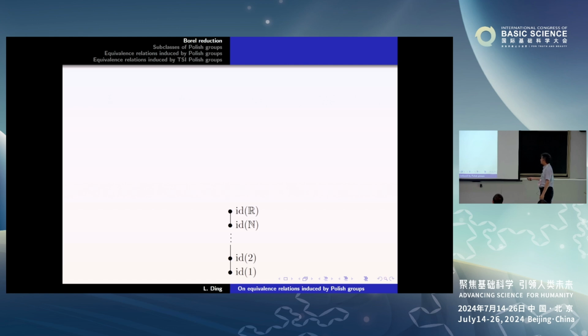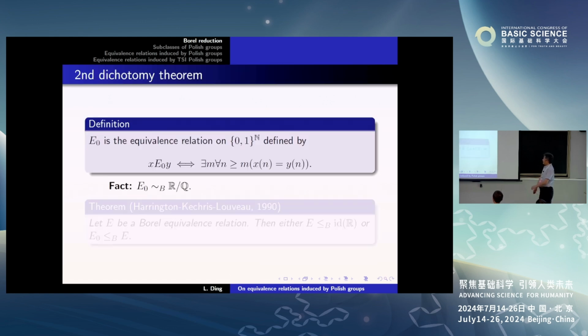Now, the second dichotomy theorem concerns the equivalence relation denoted by E0. E0 is an equivalence relation defined on this space. We call it Cantor space because it's homeomorphic to the Cantor set.